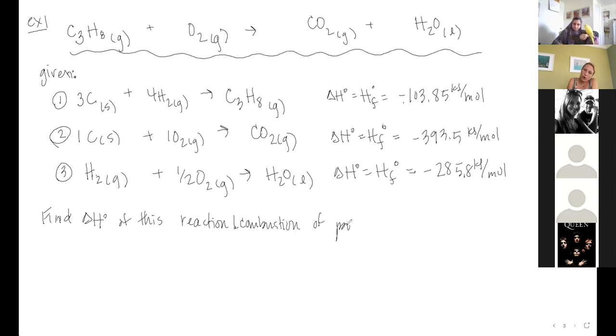If any of you have a propane grill, this is what is producing the heat and energy from that grill. So I'm going to give you a few minutes to try to solve this. Remember, you have to balance the equations, reverse them, multiply, cancel, add together your delta H's, and get your total delta H. I'm going to let you work on it for a few minutes, and then we will review.